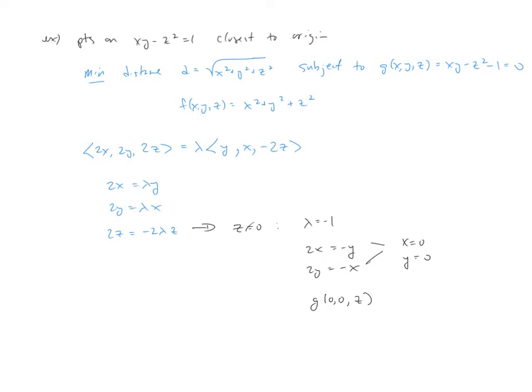Remember, z is non-zero, but x and y end up being 0. And in solving this now, when I plug 0 in for x and y, I'm going to get z squared equals negative 1. And that's not real. Since that's not an option, that must imply that z is in fact 0. Okay, so we're able to conclude from contradiction that z is in fact 0.